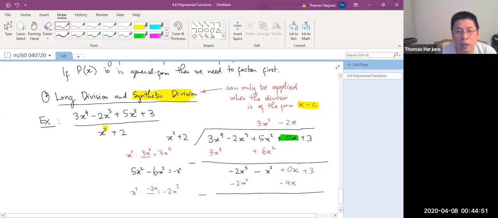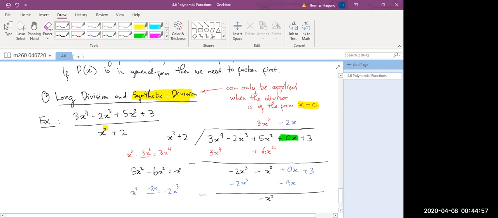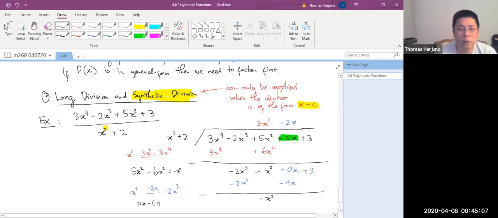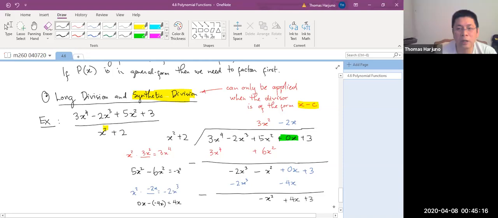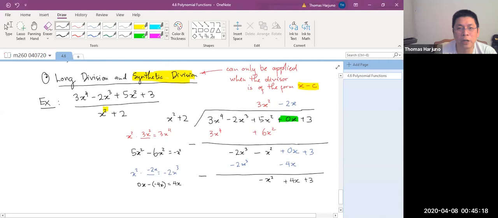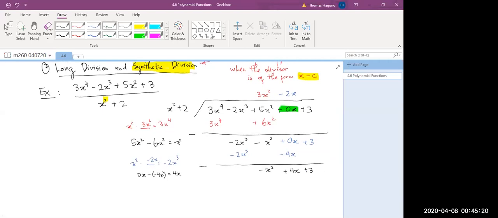I will get negative x squared and then 0x minus negative 4x is positive 4x, plus 3. Now we repeat the procedure again.